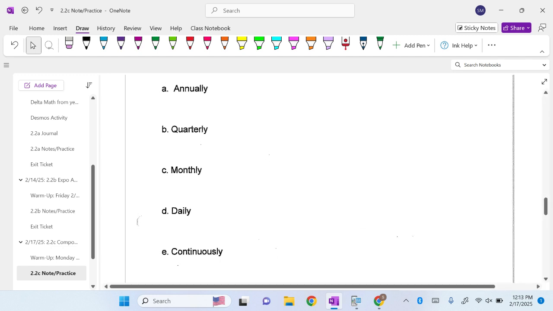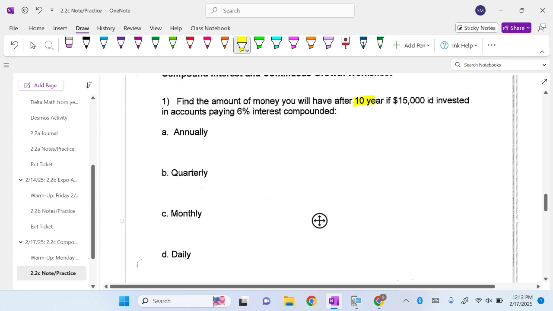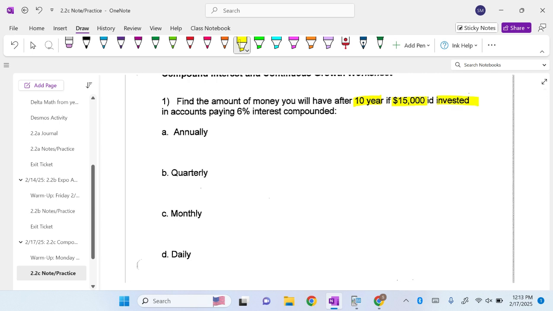I want to look at the one where we're compounding continuously. The amount of money you'll have after 10 years if 15,000 is invested and the account is 6% interest compounded continuously.